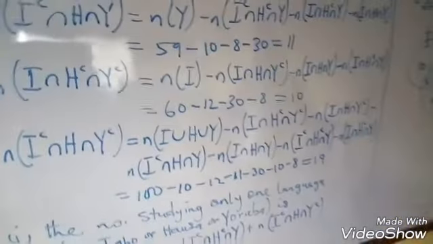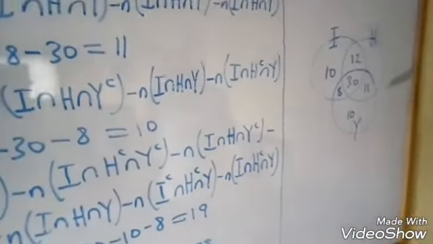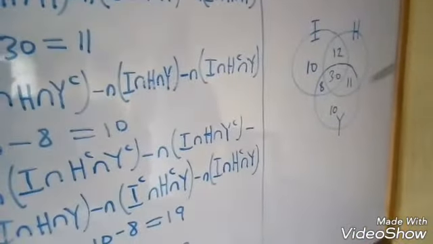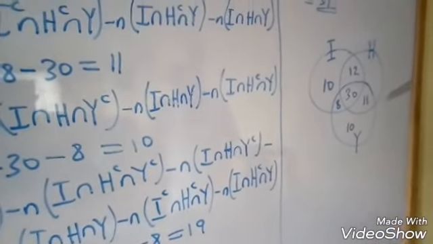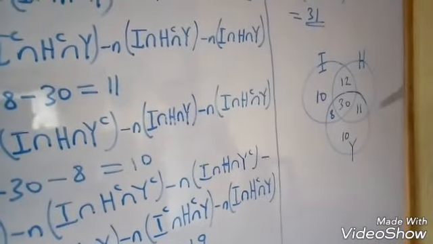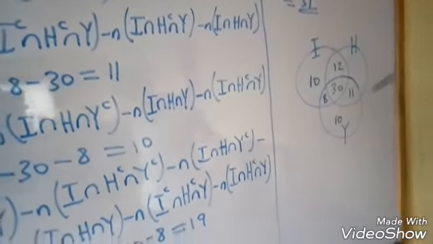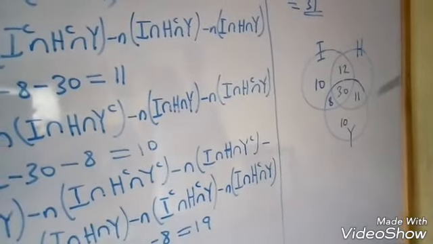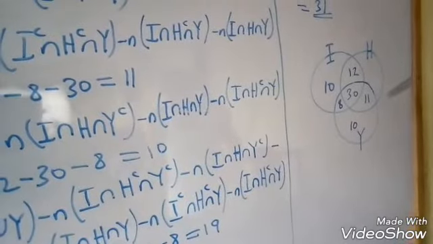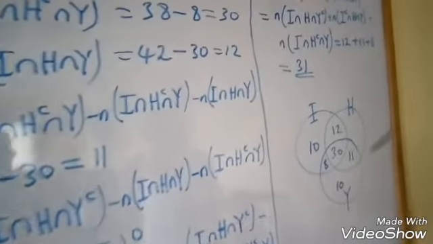Now, in these three Venn diagrams, like I said earlier, n of u is equal to n of I union h union y. That means that every student participated in taking at least one language. So there is no need for the rectangle, which means n of u is equal to n of I union h union y.